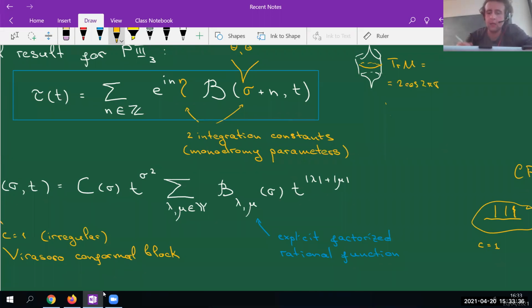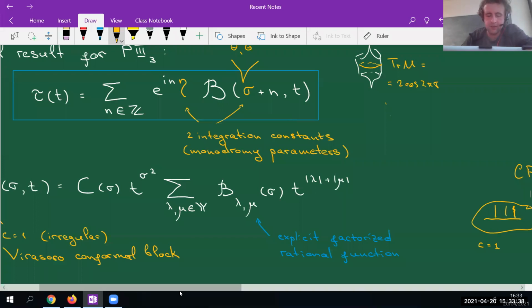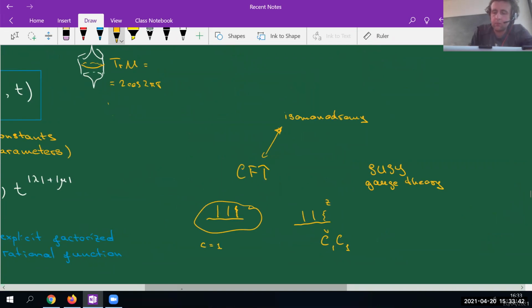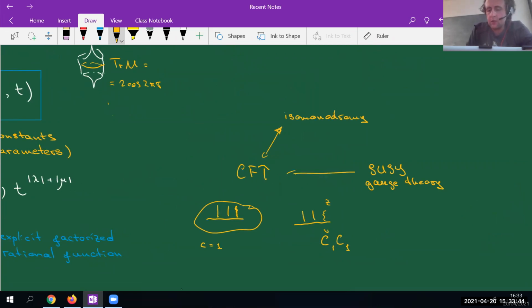Okay. And this explicit formula first came not from CFT, but from gauge theory, which happens to be related to CFT by what is called the AGT correspondence. So it identifies some special functions which appear on this side and conformal blocks of Virasoro algebra.